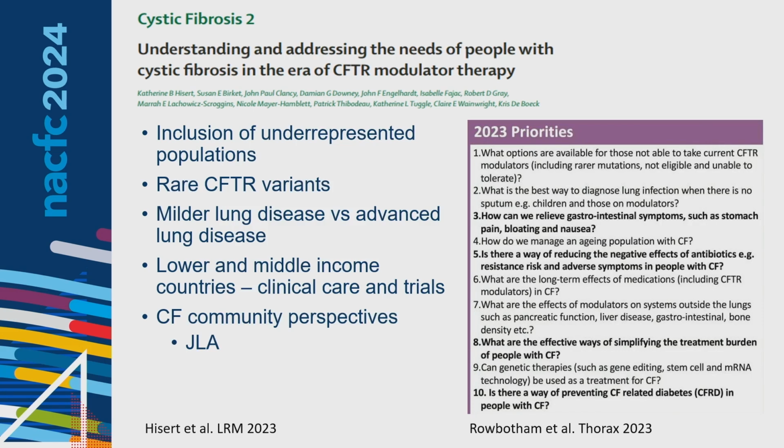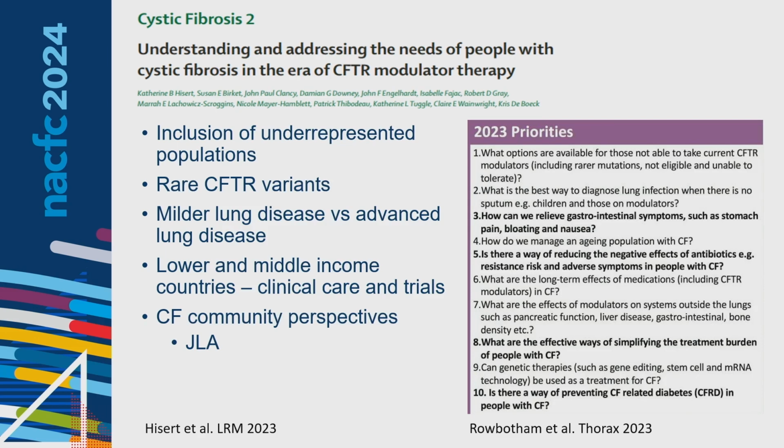So just the last couple of slides looking at the direction of travel. This was a paper by Katie Heisert, looking at some of the challenges of underrepresented populations, mild lung disease, rare variants, and these are some of the challenges that we will see ahead of us.